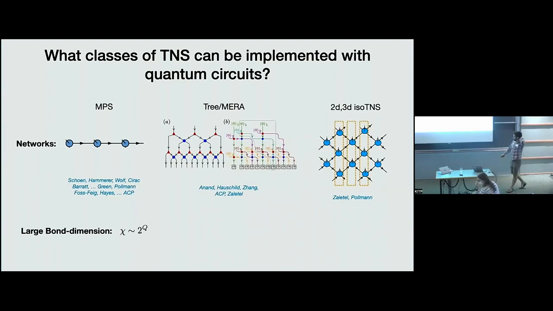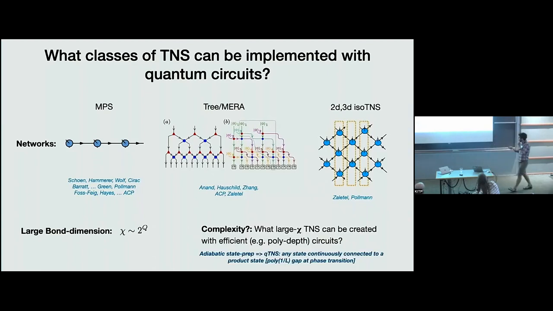So when could this beat, in principle, classical methods? Well, the bond dimension, if you have q qubits, can be 2 to the q. And ignoring whether you can actually control this huge space, in principle, this could let you do things that you can't fit in classical memory, but with relatively small qubit registers.